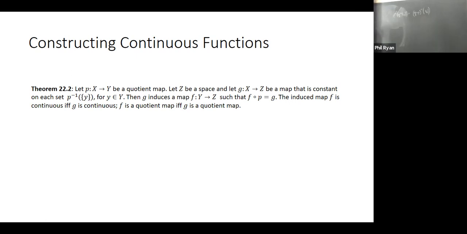Then this function here induces a map from Y to Z. So given a map from X to Z and a quotient map, where Y is the quotient space, then we have a map from the quotient space to Z, such that the composition of that map with the quotient map is our function g. And it's continuous if and only if g is continuous, and it's a quotient map if and only if g is a quotient map. So this is the picture that we get.